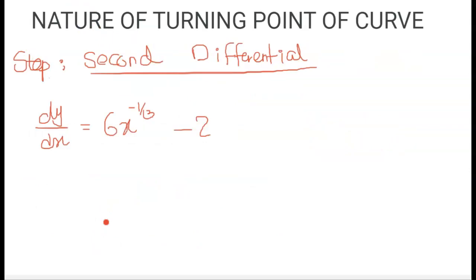Now to find the nature of the turning point, you have the first differential, which is dy over dx equals 6x to the power of 1 over 3 minus 2. You need to differentiate that again. Make sure you write the full differentiate with respect to x, and you do all the steps.